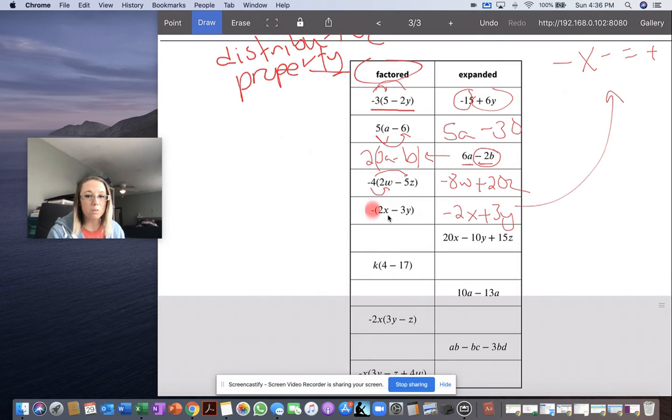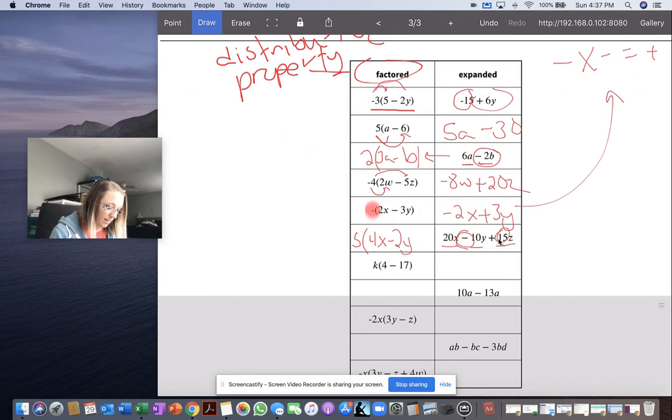The next one looks really scary, but what is the greatest common factor that can come out of all of these? It's 5. So you'll have 5 out front. And then you just have to figure out what you need to multiply 5 by to get your factor. So 5 times 4x minus, because you still have a negative here, 2y.